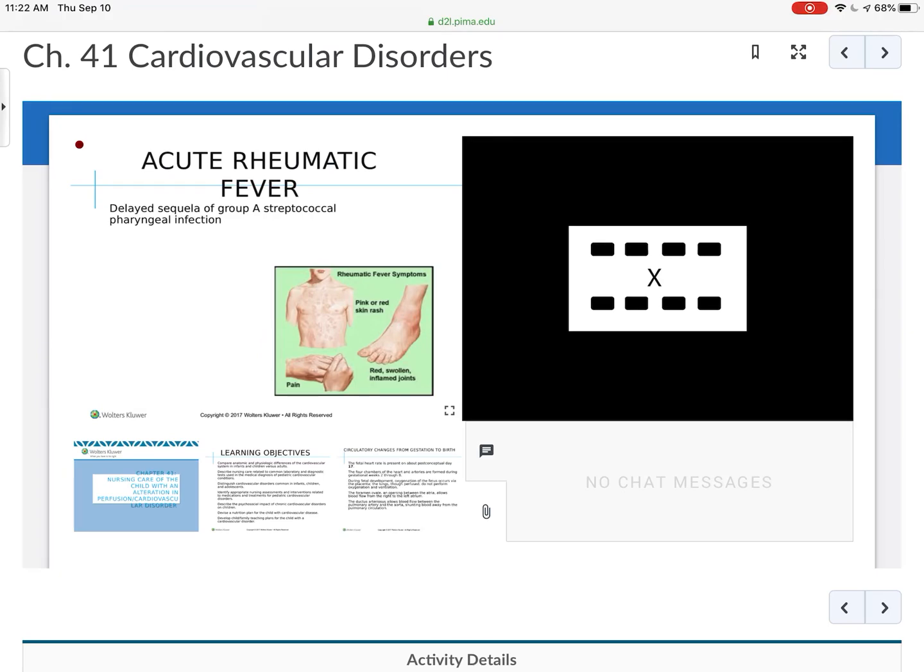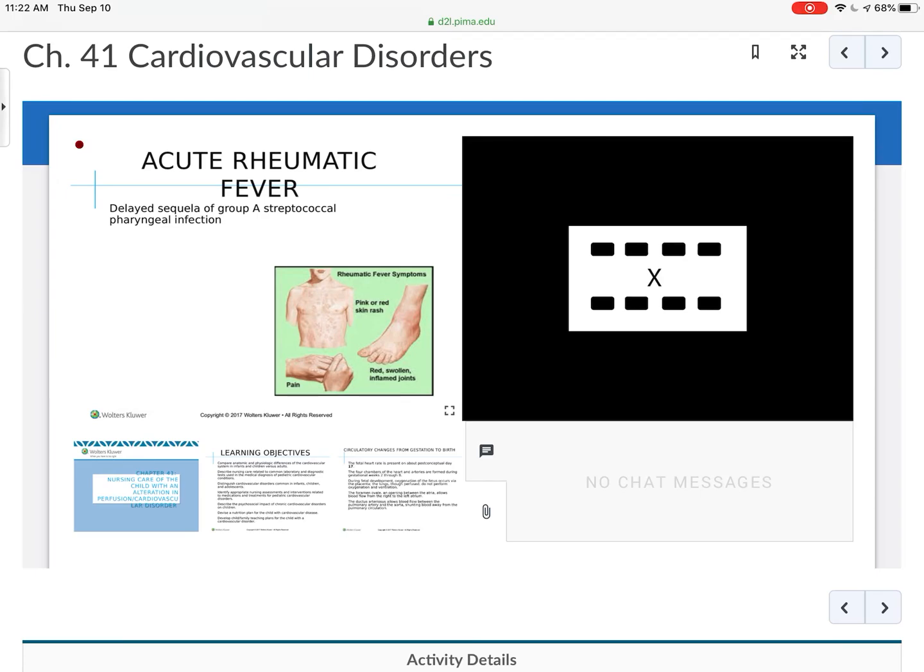Rheumatic heart disease is usually from strep A, so maybe an untreated strep infection, most common in school-age kids. And then usually it's about 2 to 4 weeks after the initial strep infection. Sometimes it's because it's untreated or not treated properly, and it could be prevented.